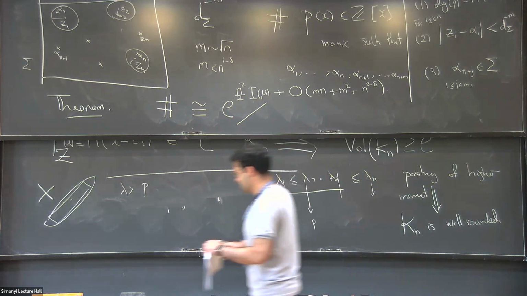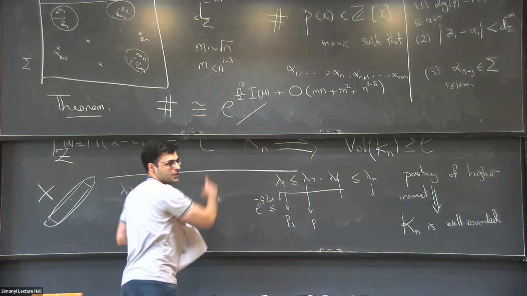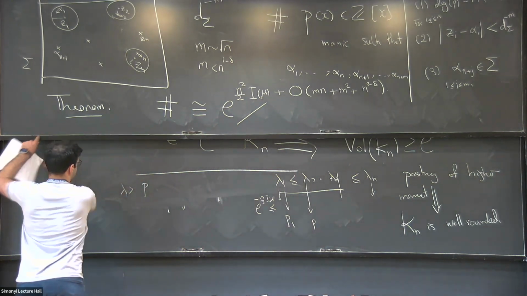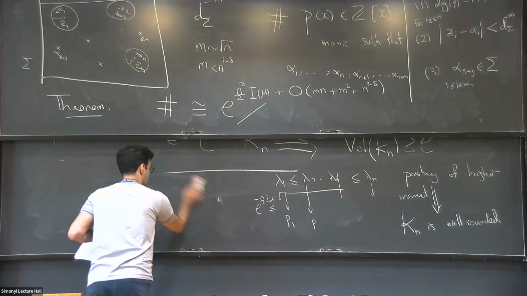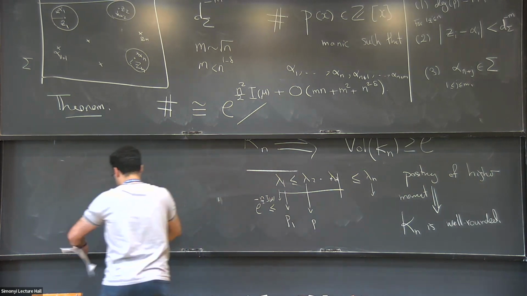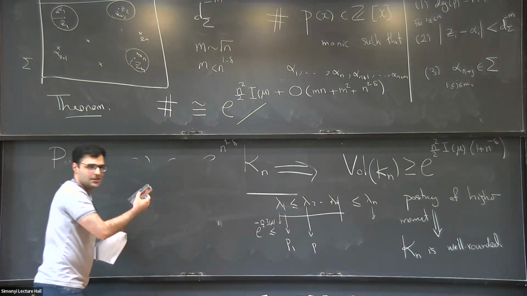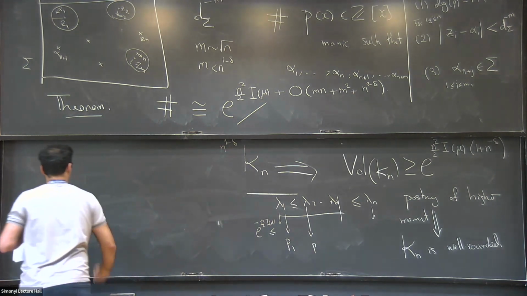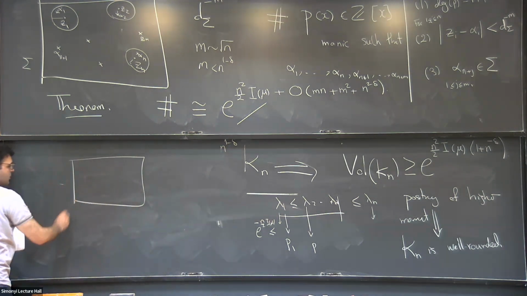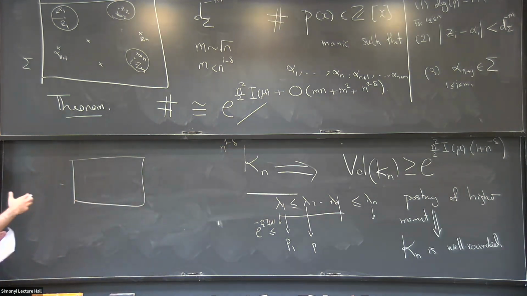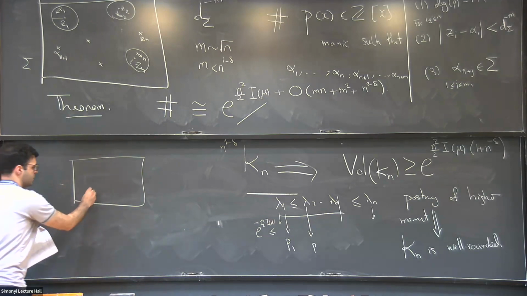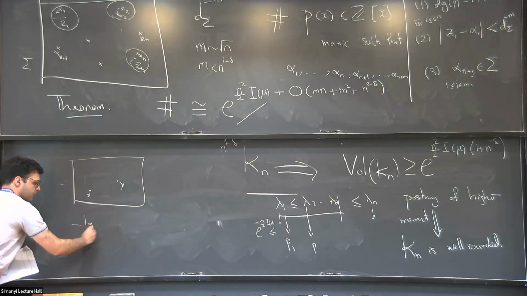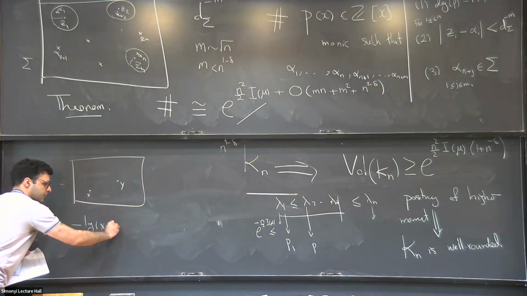Yeah, so I wanted to say this density function is actually predicted by a model problem in mathematical physics. Our proof doesn't use it, and I don't know if it's of any use in the other direction, but there is Coulomb's law in 2D, which has the potential function minus log of x minus y.